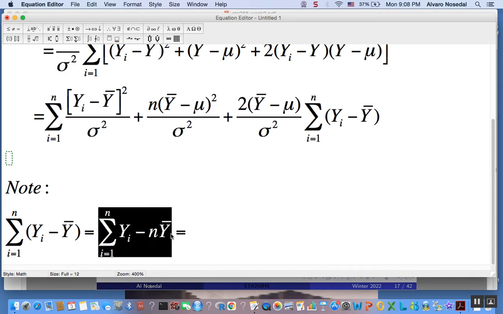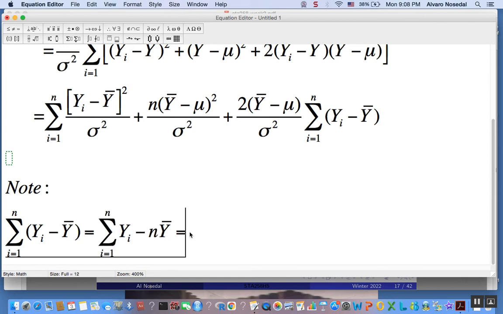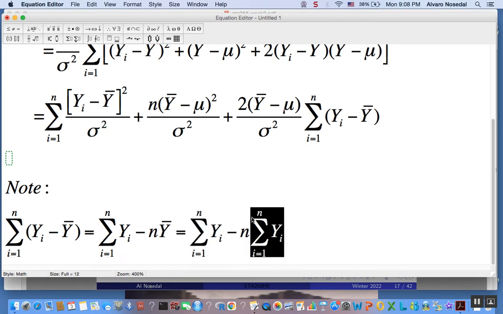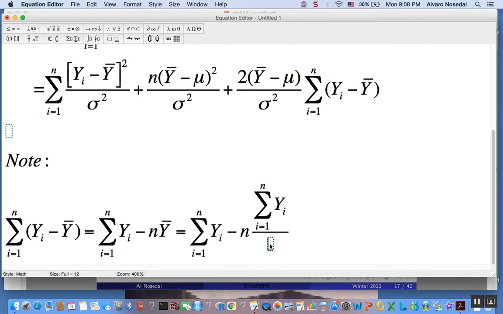But if we recall how y bar is defined, y bar is just the summation of yi's divided by n. So let me be very specific here. This is just going to be the same as this, divided by n. That's the definition of y bar.